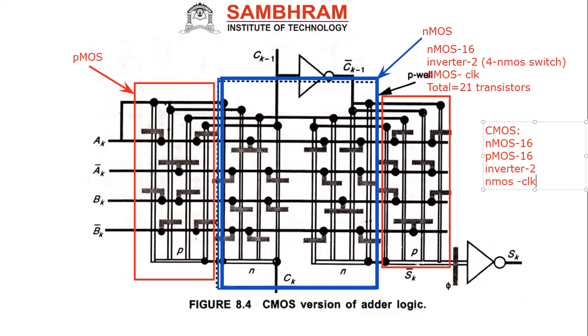NMOS clock, this is also one transistor. Now total will be how much? 16 plus 16, 32. That inverters 2 means 4 actually. 2 in the sense it is 4 transistors. NMOS clock one. So totally I'll get 32 plus 4, 36, 37. So total I need 37 transistors when I go for CMOS version of logic.